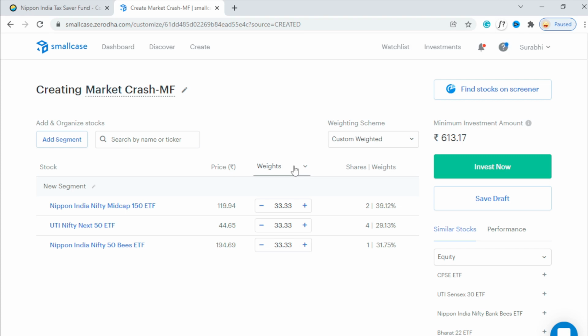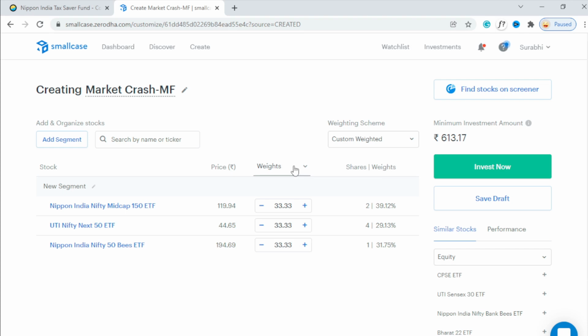In 2020 a crash happened, and after that we are investing some amount into FDs, fixed deposits. So whenever the next market crash comes, we'll have some amount of money to buy that dip.